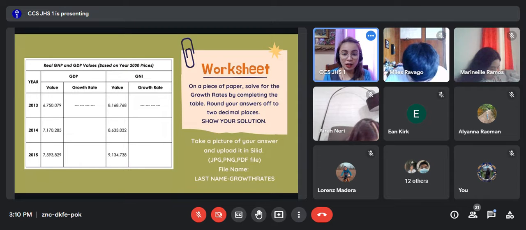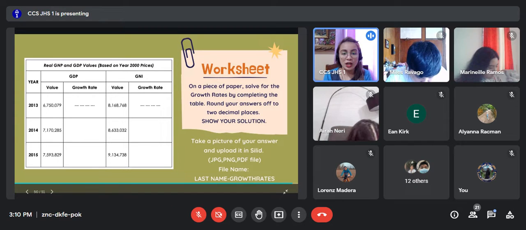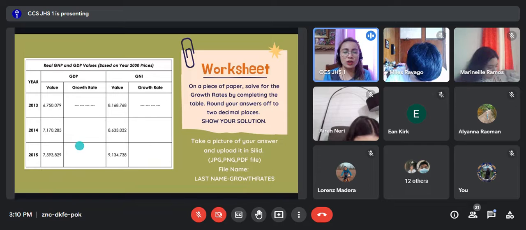Each number is worth 5 points only if you show your solution. So please show the solution and make sure to round off your answers to two decimal places. Once you are done answering, please take a picture of your answer and upload it in Silid. Okay? I will just be sending the link where you will be uploading your answers in a while.